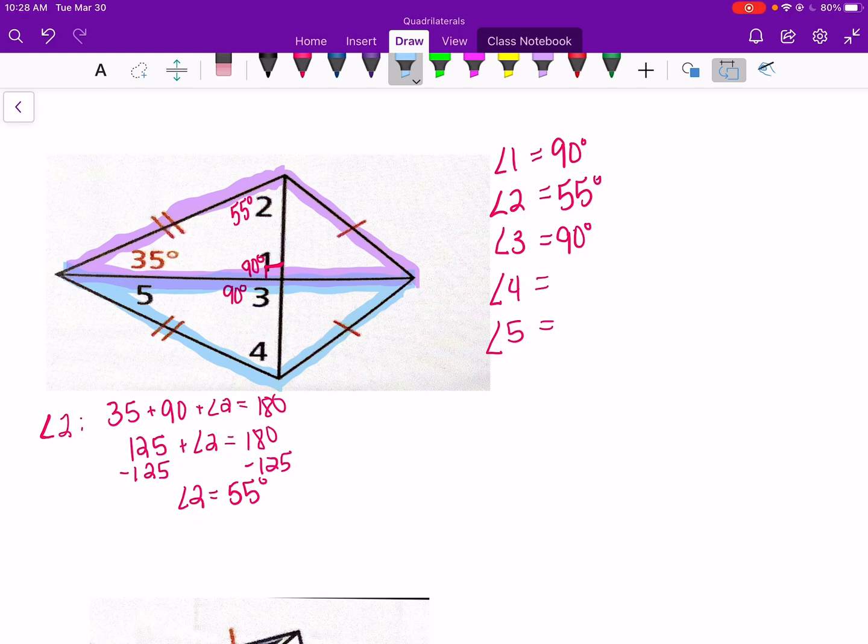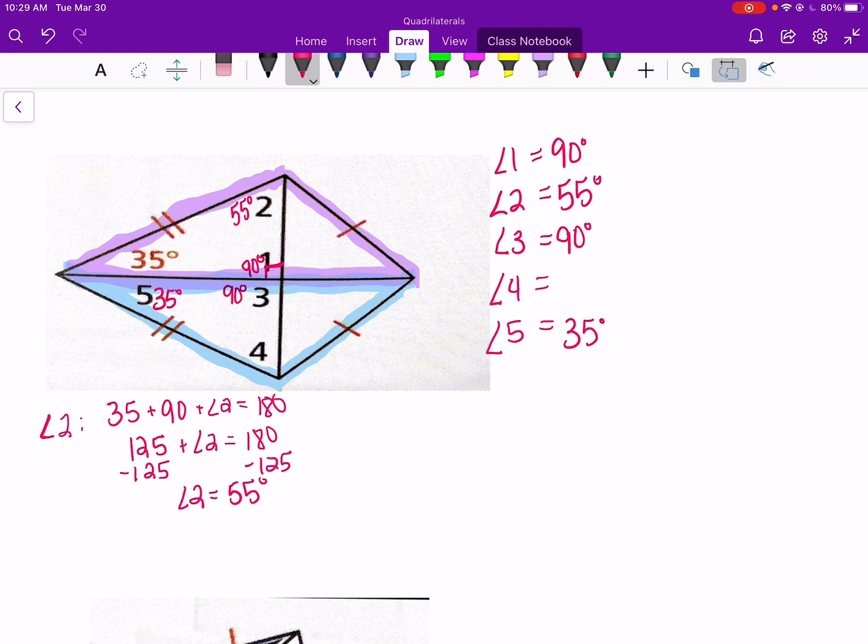So, since this angle is 35, I know angle 5 corresponds to that angle. So, angle 5 also has to be 35 degrees because they are corresponding angles of congruent triangles.